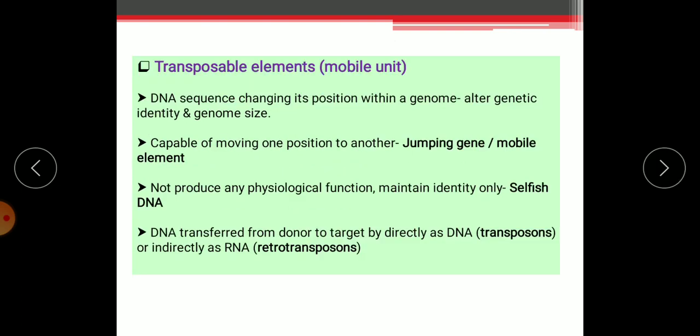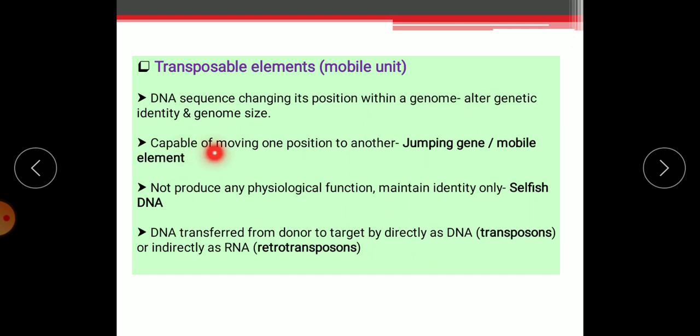Next are the transposons, or transposable elements, or mobile units. A DNA sequence that changes its position within a genome, which alters the genetic identity or genome size, is called a transposable element.